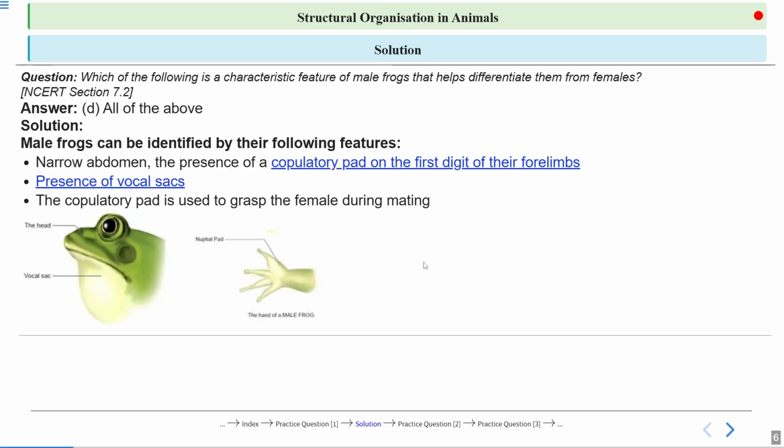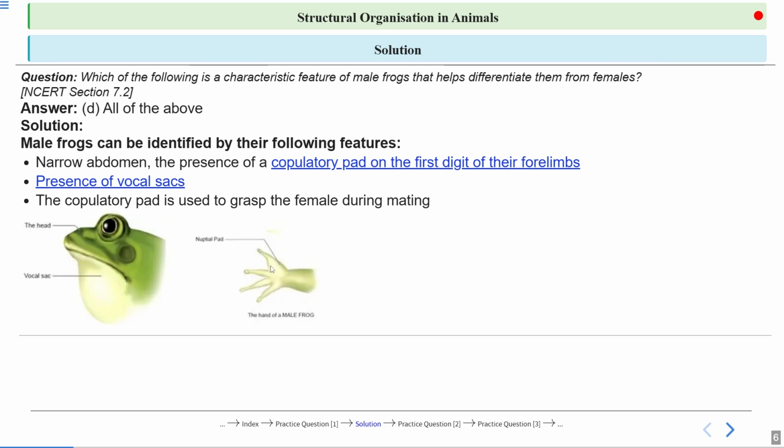So here you can see 2 features of the male frog. The one is called the vocal sac, which is present at the throat region. It is a very minute membrane-like thing that gets filled with air and produces sound. Now here you can see the hand of the male frog. It has 4 fingers, or 4 digits.